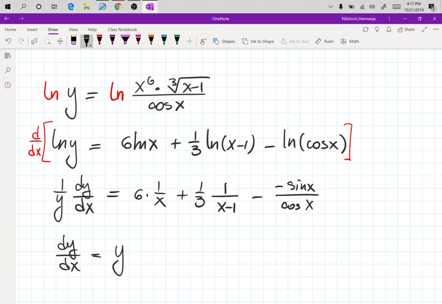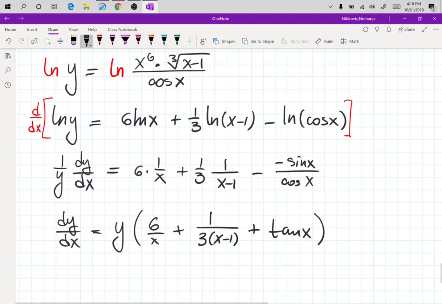So now you have y times, and over here you have 6 over x plus 1 over 3 times x minus 1 plus tangent x, and all you need to do is fill in y, but you know that y is your original problem.